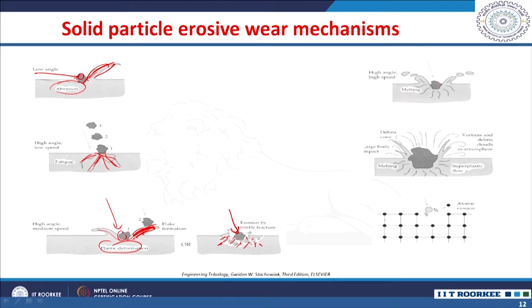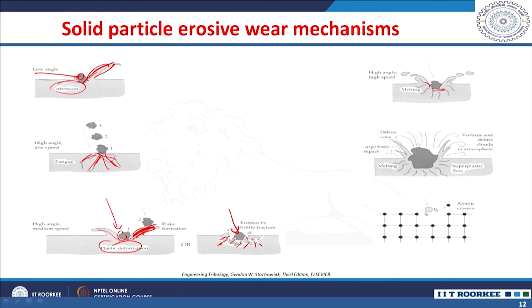At high angles and high speeds there will be a possibility even for melting in addition to this cracking, or there may be certain secondary effects like superplastic flow or melting or deformation of the debris, and so on and so forth. There can also be, at the atomistic level, an atom eroded from the crystalline arrangement, but this is less likely to happen.